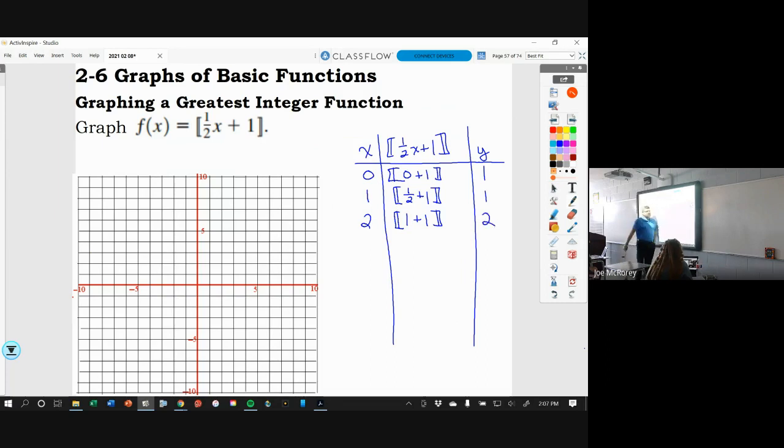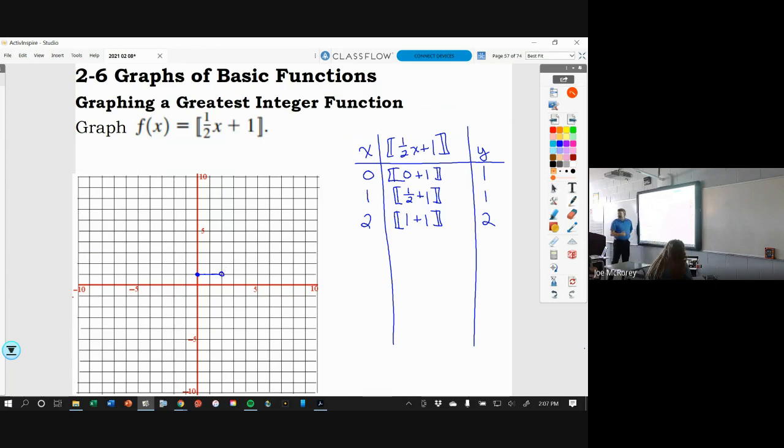Okay, so what's happened here? It's repeating. At 0, we had a y value of 1, and that y value of 1 stayed 1 until the moment it got to 2.